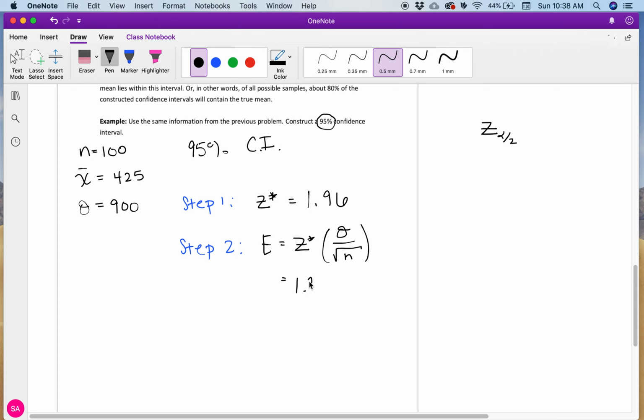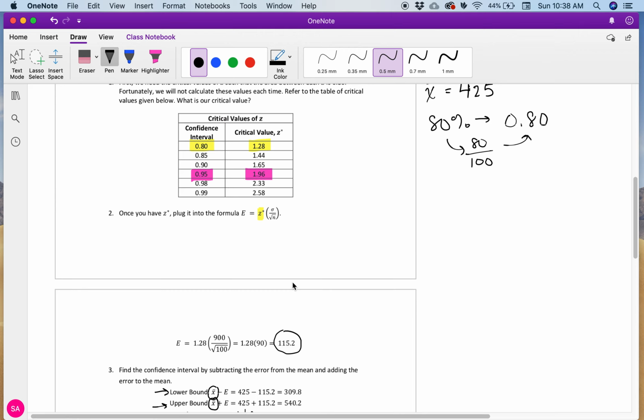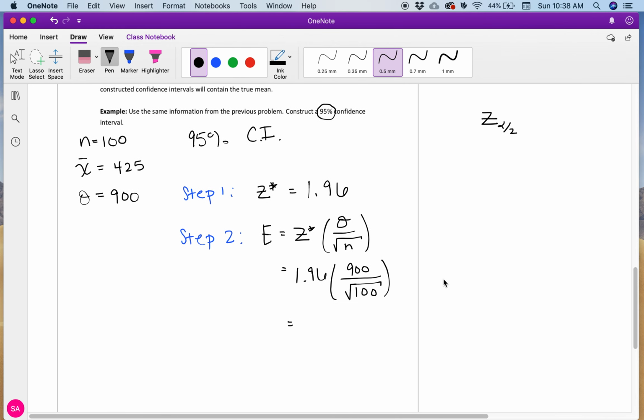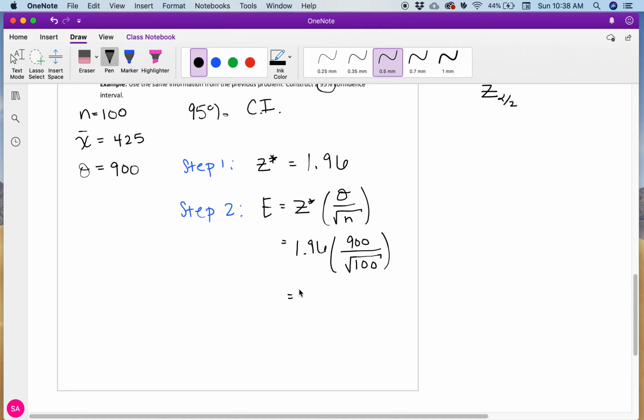So we'll have 1.96 times our population standard deviation, which was 900, over the square root of 100, because there were 100 items in our sample. What was it? It's not people. Car engines, 100 car engines in our sample.